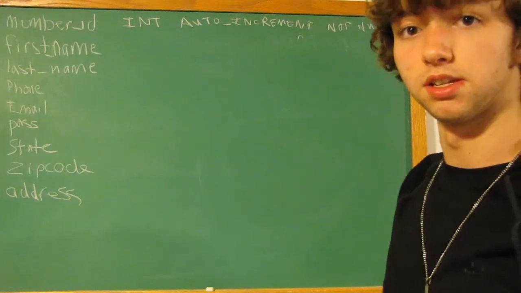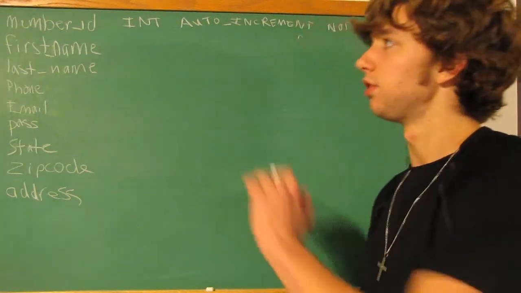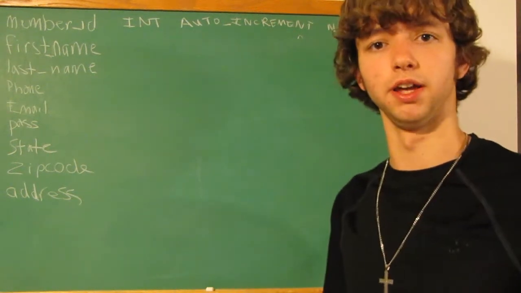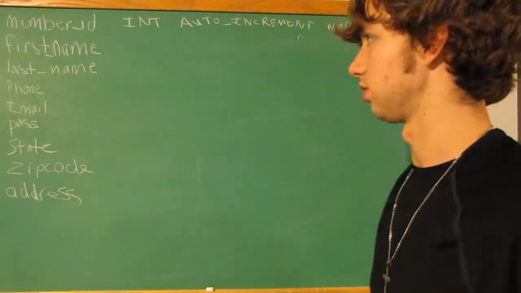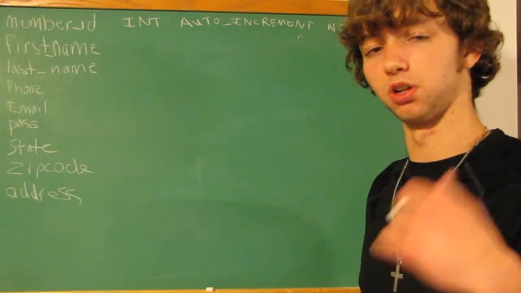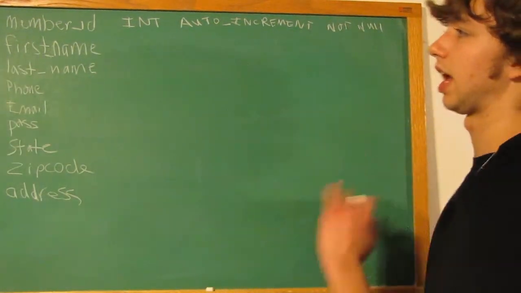Basically what this means is it's a number because it's a key, and the reason I'm zoomed in so far is so you can see this because it's really small. So if you still can't see this and it's cutting my head off, my apologies. So it's an integer, which is auto incremented, which means it'll go 1, 2, 3, 4, 5, 6 automatically, and it's not null, so it can't be blank.